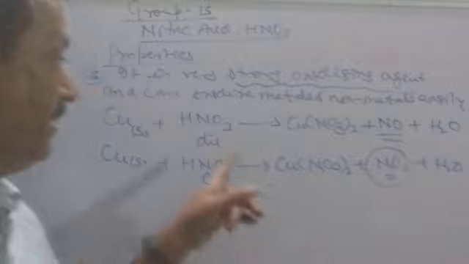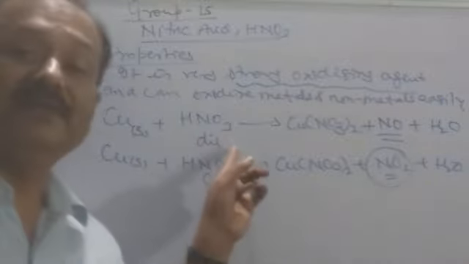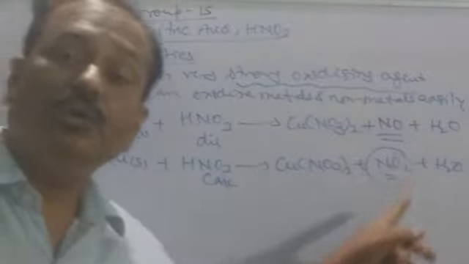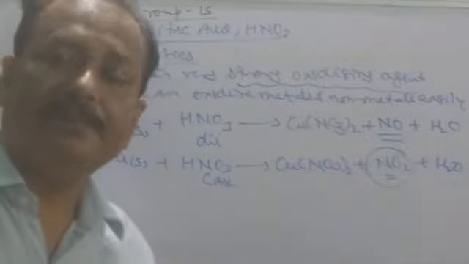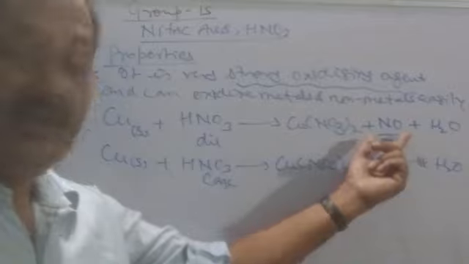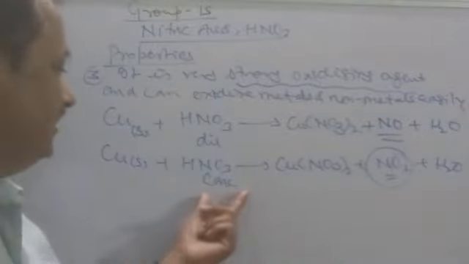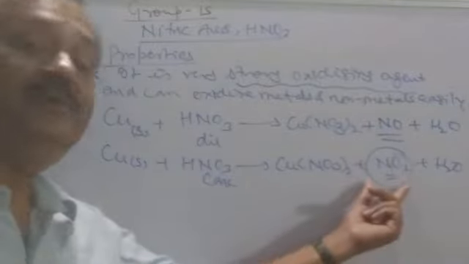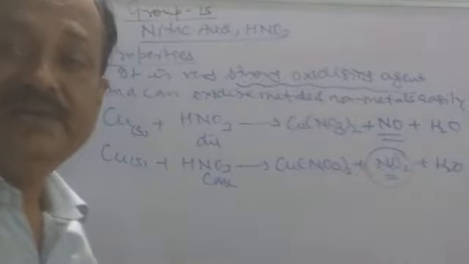You have to keep in mind, when we treat copper metal with dilute HNO3, initially there will be no brown color, but after some time, after some reaction, then it acquires orange color. But initially when you take concentrated nitric acid, then immediately we get the NO2 gas.